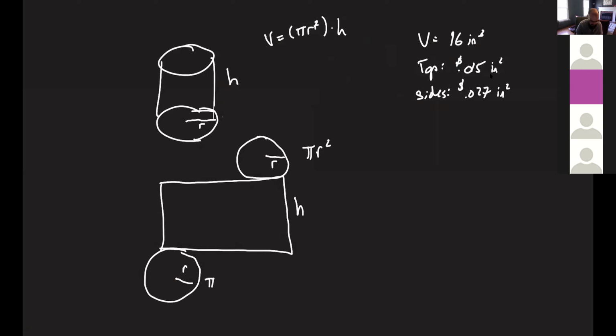Down here, I get another pi r squared. And then I guess the question is, what's the area here? It's going to be length times width, and there's going to be an h in there, but any ideas on how I might find this distance right here?